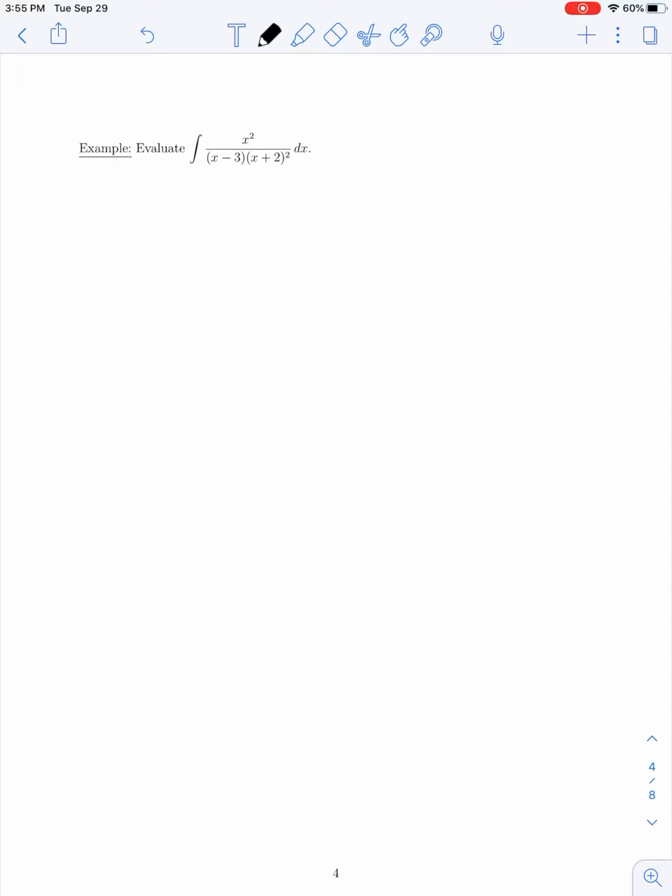So let's look at another one. In this next example, we're asked to evaluate the integral of x squared over (x minus 3) times (x plus 2) quantity squared. So here we have the integral of a rational function. It's a quotient of two polynomials where the degree of the numerator is 2.